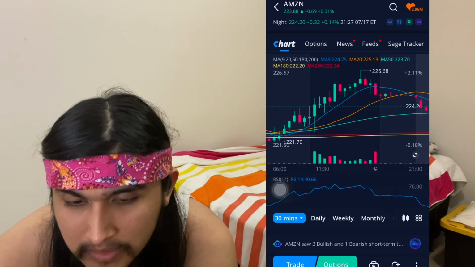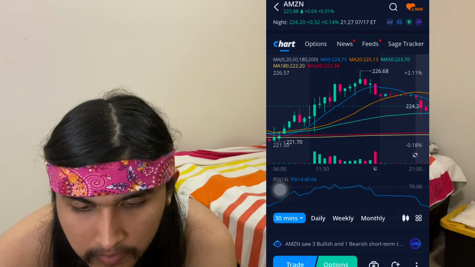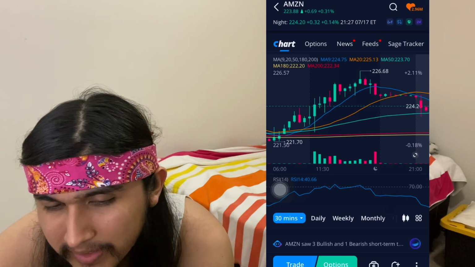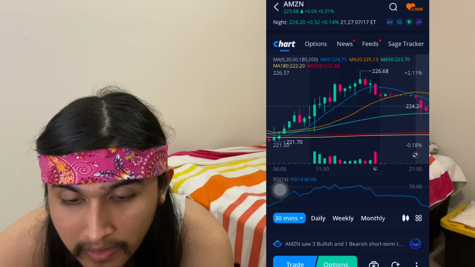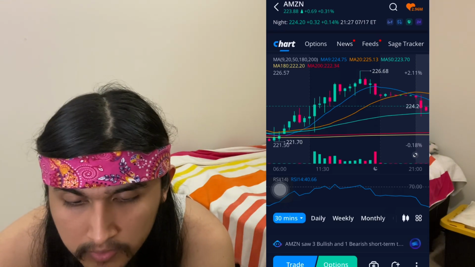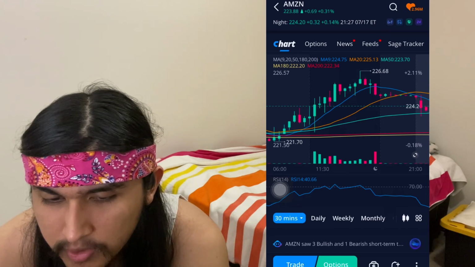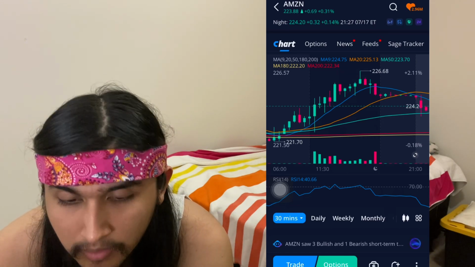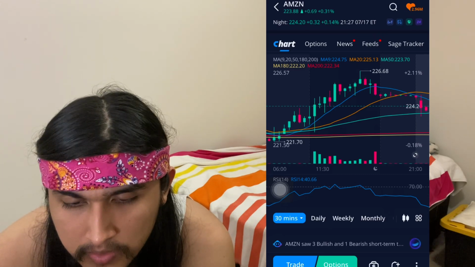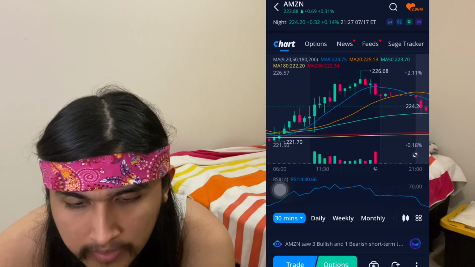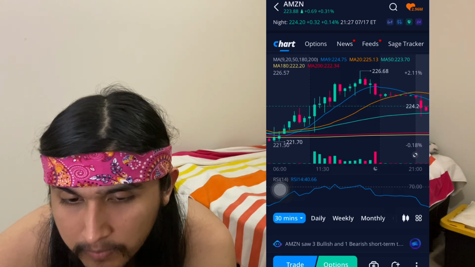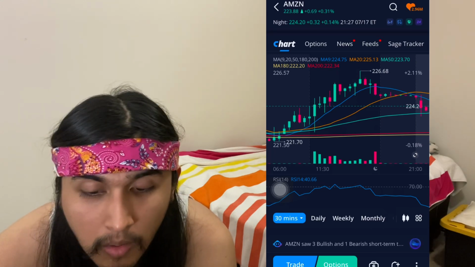Now, if it's vice versa, where the 9-day moving average is under the 20-day moving average, usually that indicates that stock could be entering into a bearish trend. So I would say that's like a little cheat code not a lot of people know about. Stick to the 9 and 20-day moving average if you're trying to differentiate whether a stock is in a bearish or bullish trend.